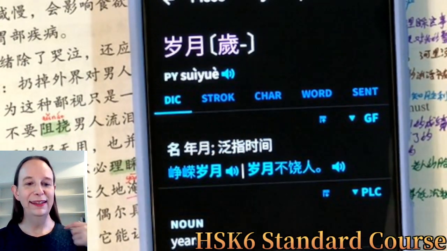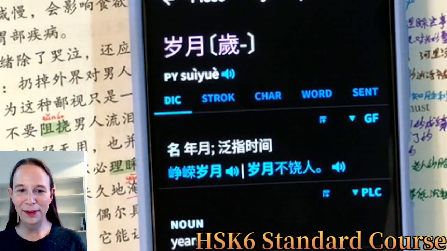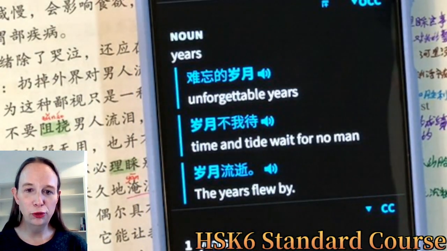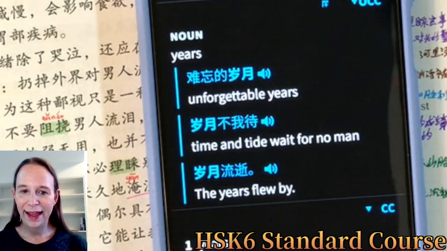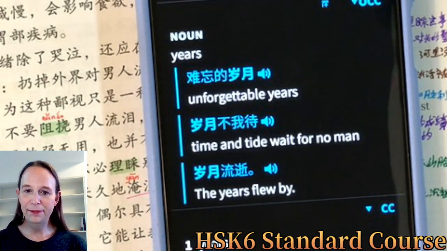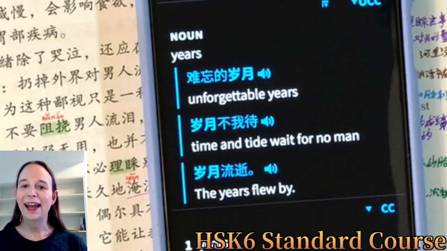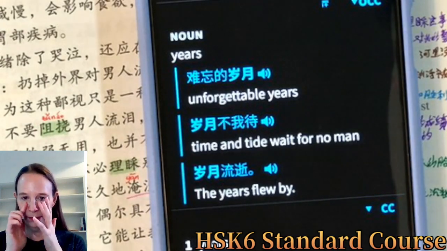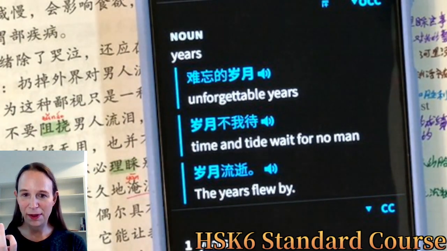Just yeah, you need to strike while the iron's hot kind of thing. Anyway, 难忘的岁月. Yeah, so this refers to a period of time, kind of like yesteryear in English. A period of time of the order of months or years. So 岁 can mean years, so maybe that's what it means here.